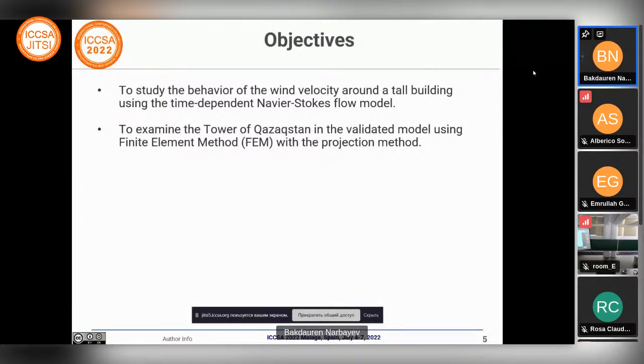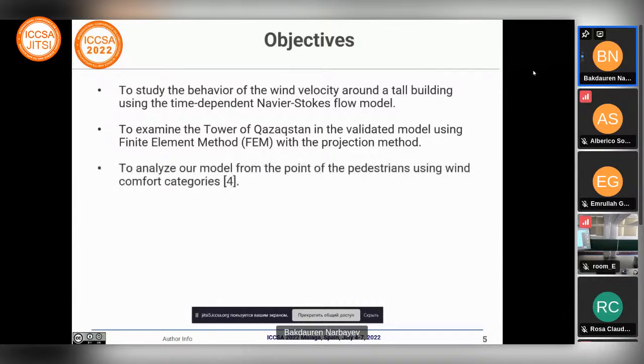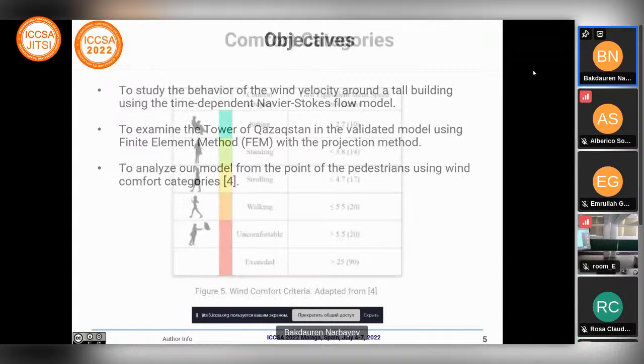Also, it's principal to analyze our model from the point of view of the pedestrians, since they are the main clients of the urban environment. Hence, in our research, we associated every obtained result with the wind comfort categories, which are shown here.